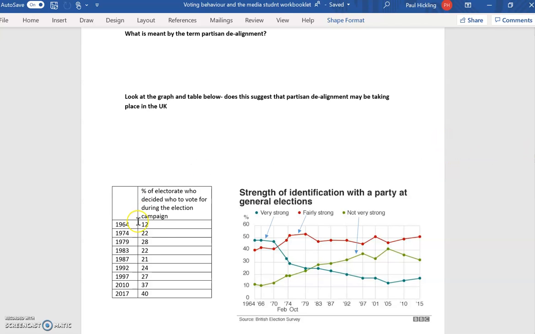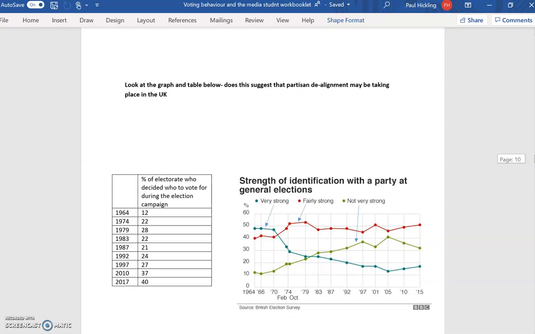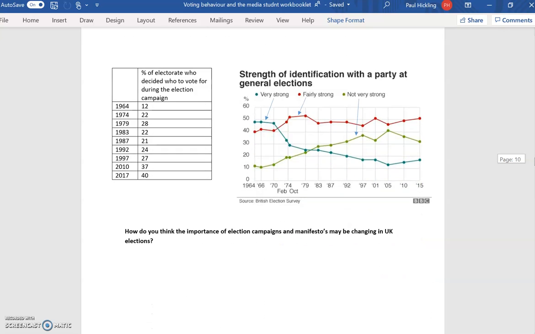Because if you have a look, in the 1960s, you're looking at 12% of people who were undecided who to vote for when the election took place, which would suggest that most people had already made up their minds, and that might suggest there were strong links to certain political parties. But that had gone up to 40% who were uncertain in 2017, which clearly means that the parties have a lot of voters to try and get, and the voters are less loyal to one party. Again, maybe try to find out what the 2019 numbers were as well.